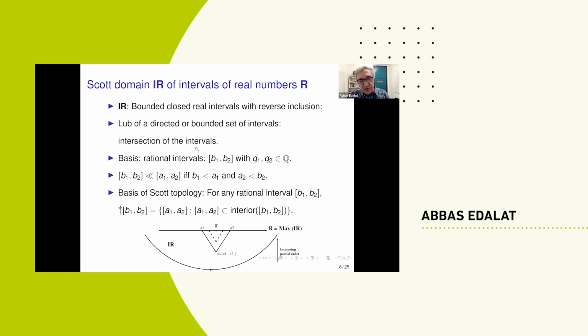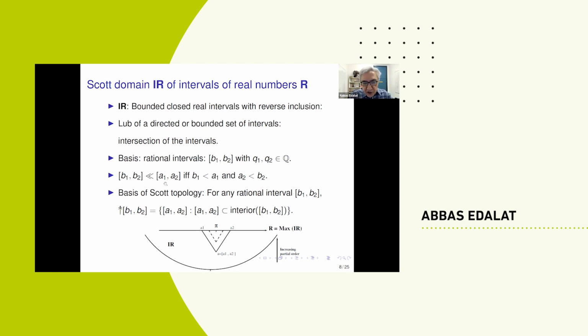That's very well known in analysis, that the intersection is non-empty and exists. It will be an interval. And the basis of this Scott domain will be just the rational intervals, because we want a countable basis. So we just take rational intervals Q1, Q2 in Q, and they form a basis.